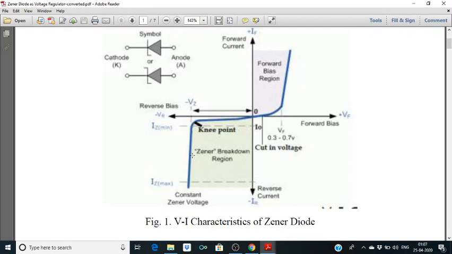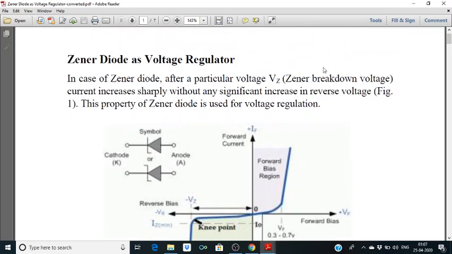Current will increase abruptly, but the voltage will remain constant. This property we utilize for the voltage regulation, that current increases sharply without any significant increase in reverse voltage.